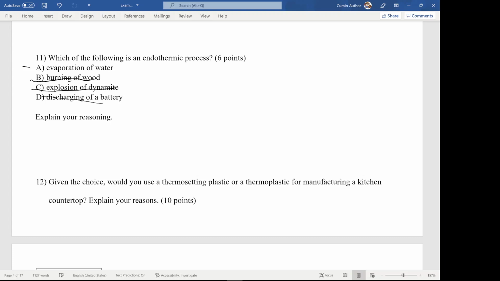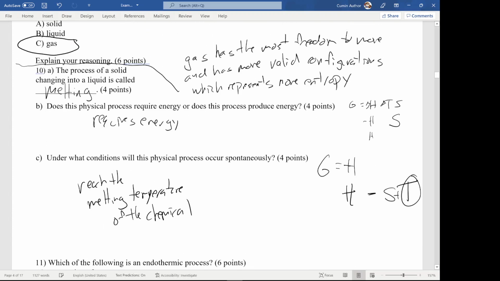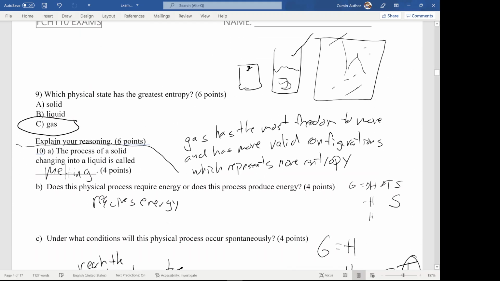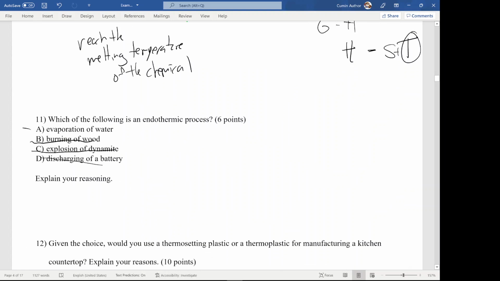We can also look at it and say, oh, well, the evaporation of water is a phase change from a liquid to a gas. And if we scroll back up, we remember just from this previous question that any time that you're going to a higher entropy state, it requires energy. So we also know based on that that evaporation of water is endothermic.